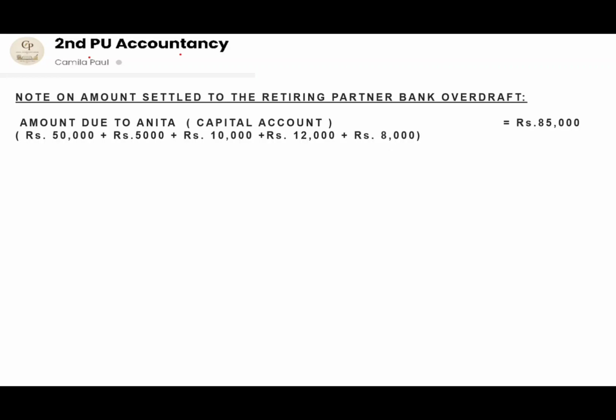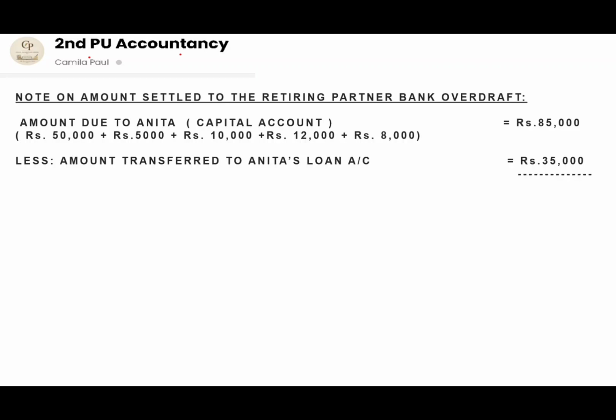As per the adjustment, out of this 85,000, 35,000 should be transferred to Anita's loan account. So we are going to deduct that amount transferred to Anita's loan account, 35,000. So what is the remaining amount that has to be settled? That is 50,000, the amount that has to be paid through bank to Anita.